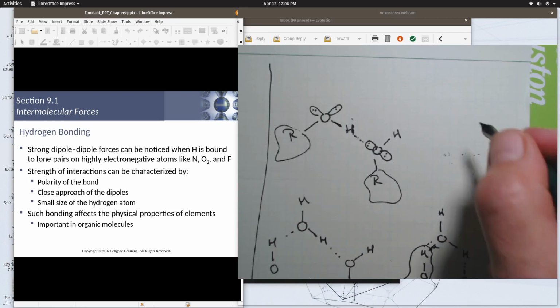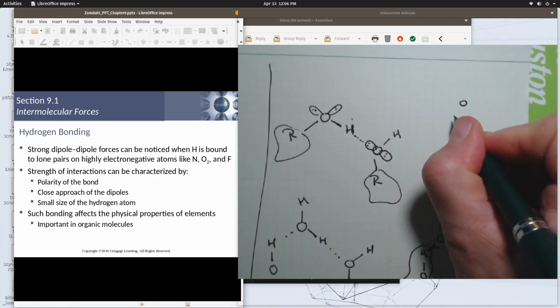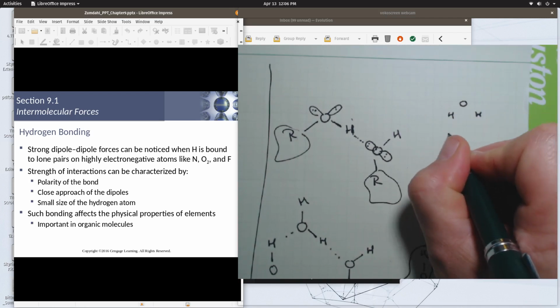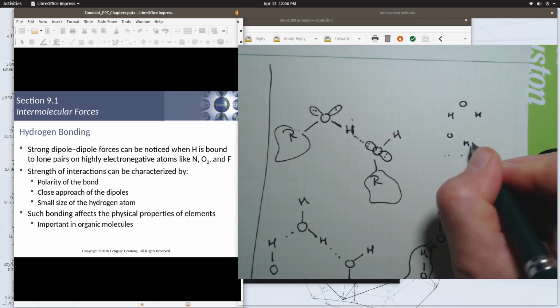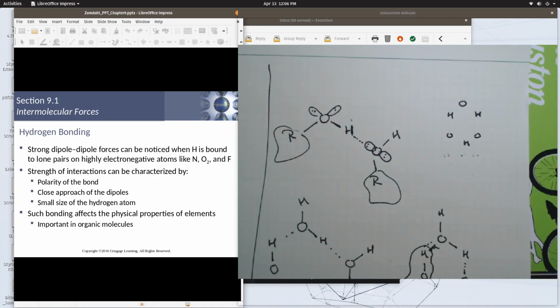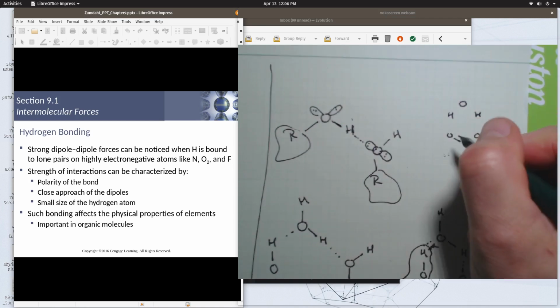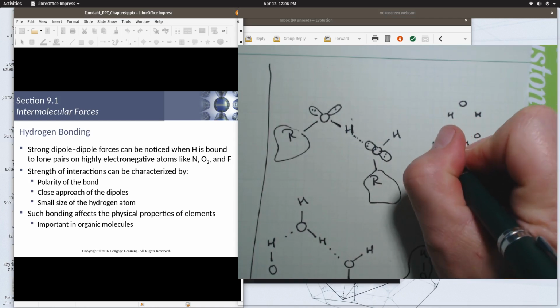Well, maybe I can draw the same structure. Let's see if I draw this. H, H, O, H, O. Maybe I can do something a little bit different. Well, maybe I can draw this guy here, and that one, right?